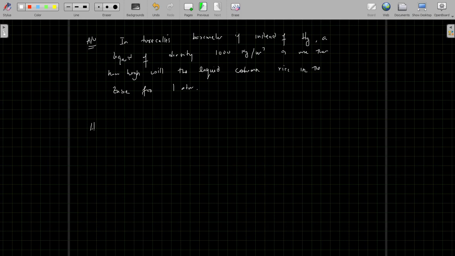So now if we will calculate the height of atmosphere, how high is our atmosphere?